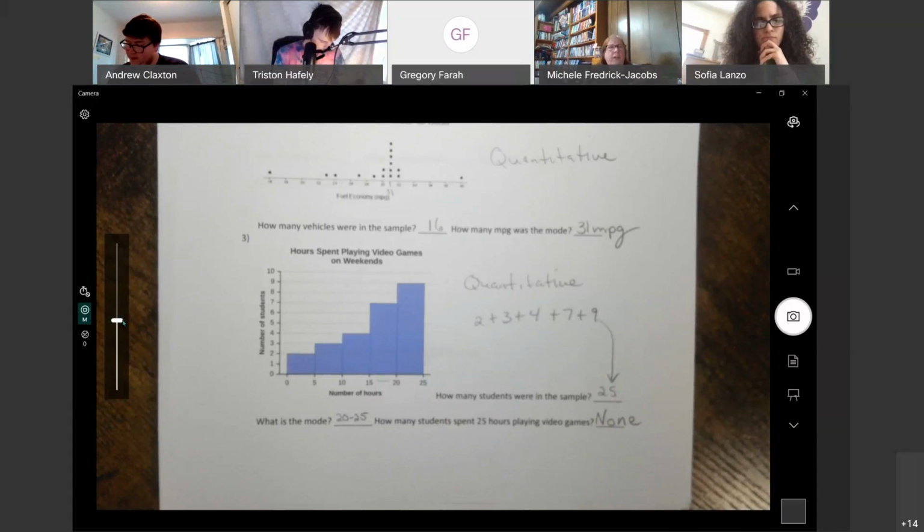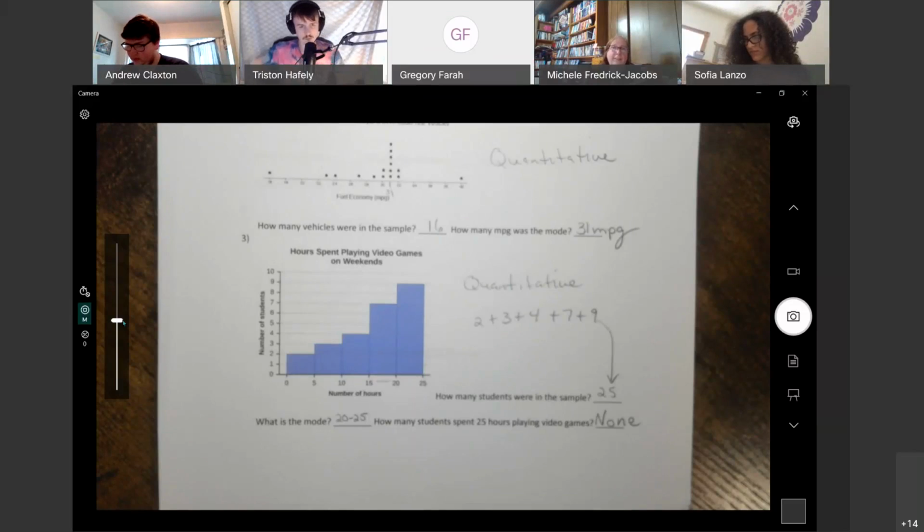If we were talking whole numbers, then yeah, we'd just put a 24 there. But a histogram is continuous data. So it goes up to, but not including 25. 24 hours and 59 minutes and 59 seconds.